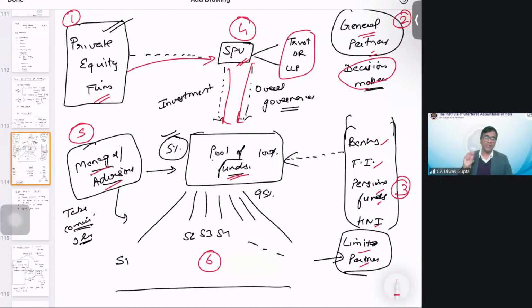So these are specific terms, students: general partners, limited partners. Limited partners are limited by their liability. Whatever they have invested, they are limited to that. General partners are those appointed by private equity firms. These are generally the partners of these firms who take decisions on where to invest.